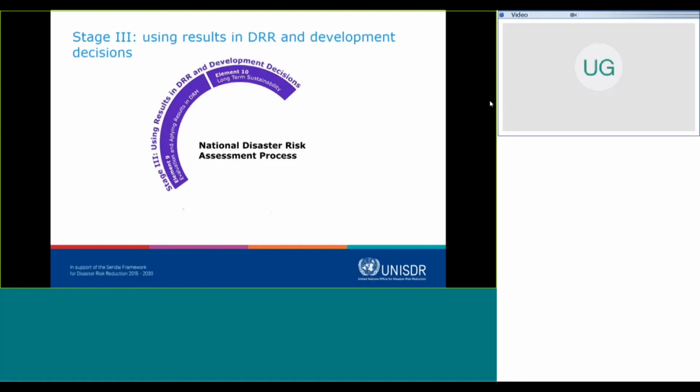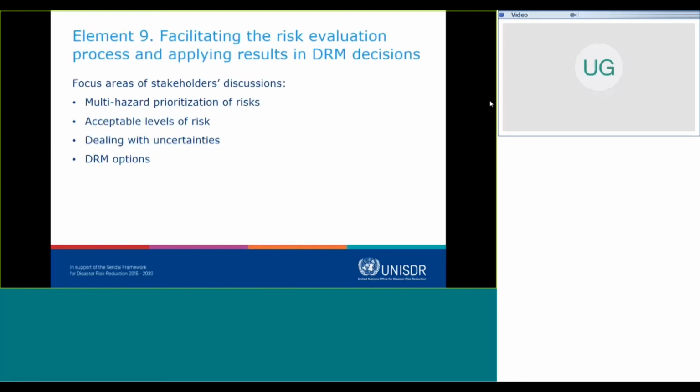Coming to the last stage, delivering the results. We have paid some extra attention to this stage because we didn't want to end just with the development of the actual document of an NDRA, because it has to inform the actual DRM process and decision making. So what we have described in this element is what kind of discussions you need to foster in your governance mechanism.